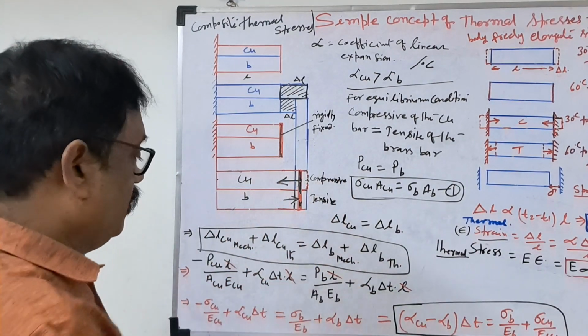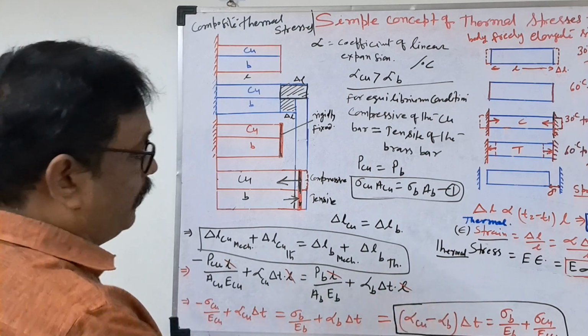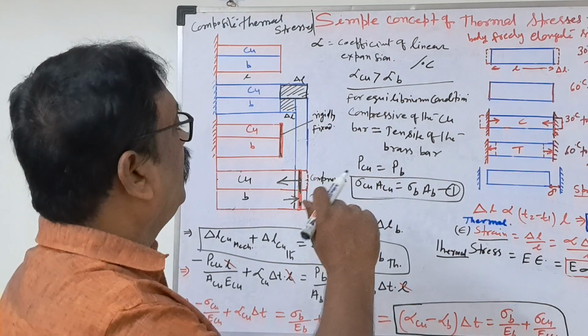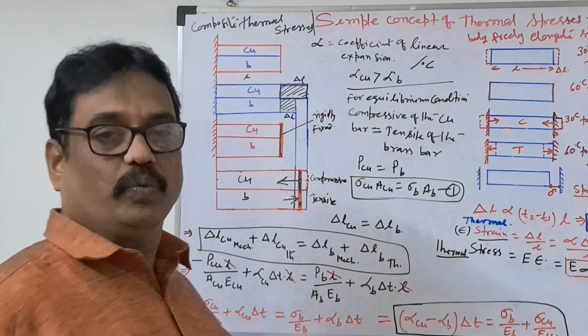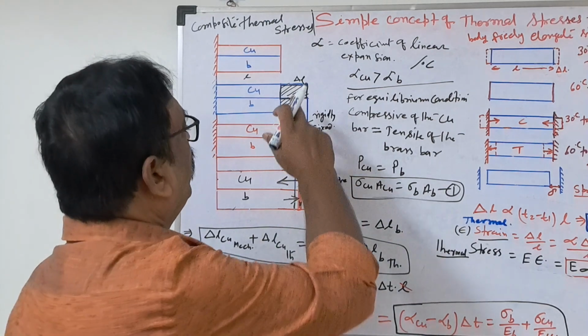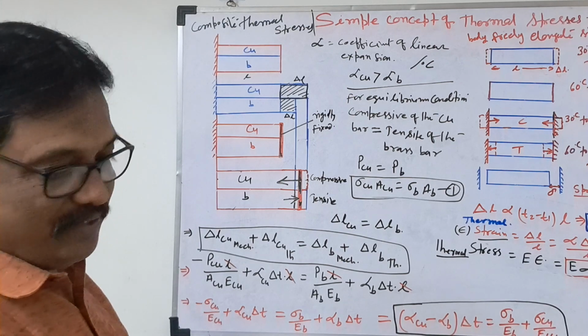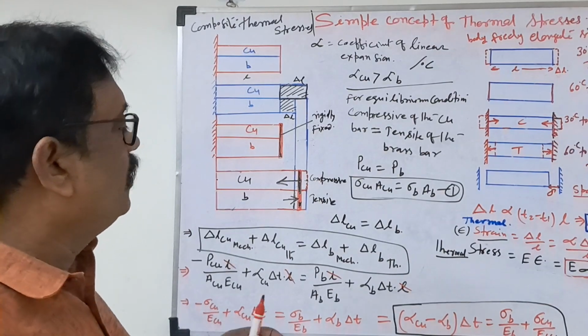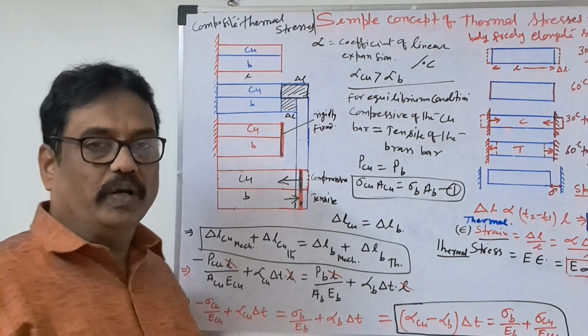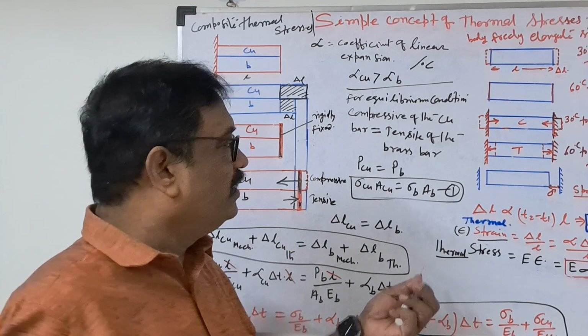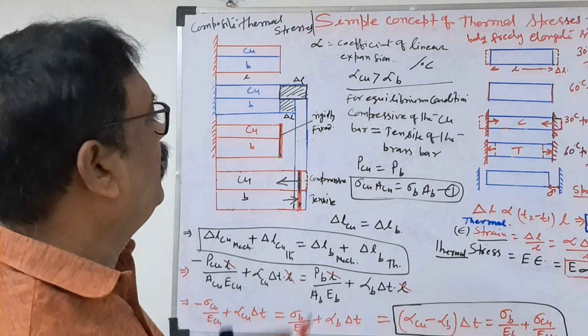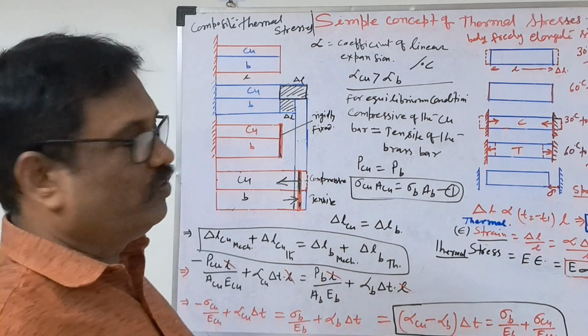You substitute and solve this way. So copper and brass bar. Sometimes they will give copper and steel. So we'll see the thermal expansion, whichever bar has more will elongate more. So this is the basic concept of thermal stresses. If you understand this, it is very simple, big problems you can solve. In any competitive exam, GATE exam, university exam, you can solve these questions.